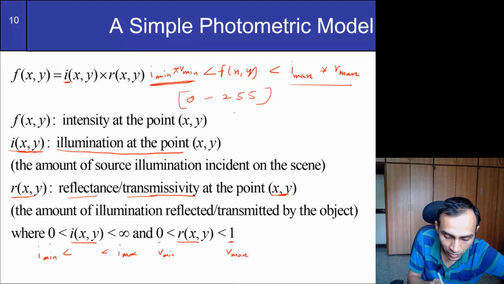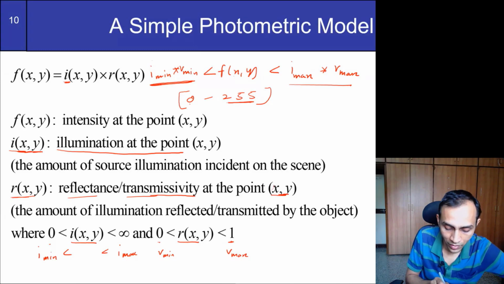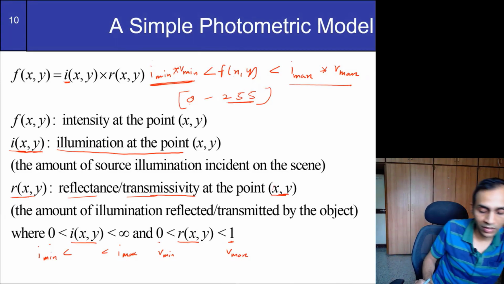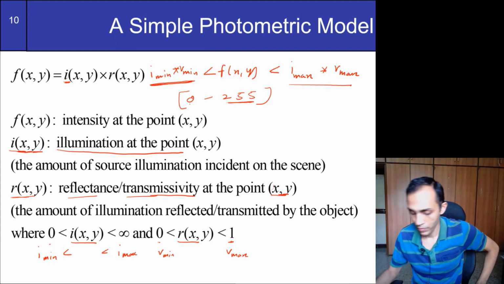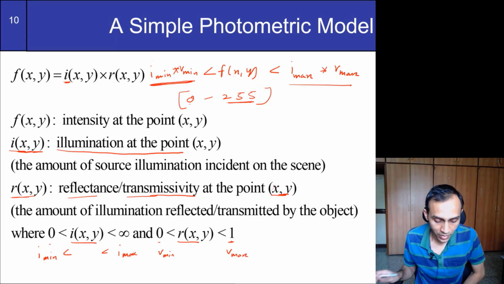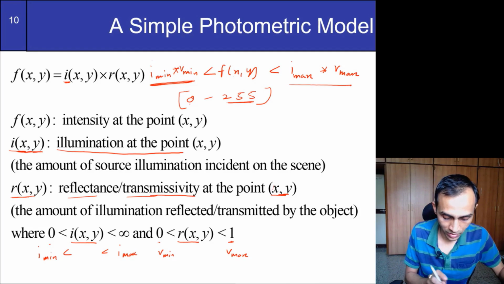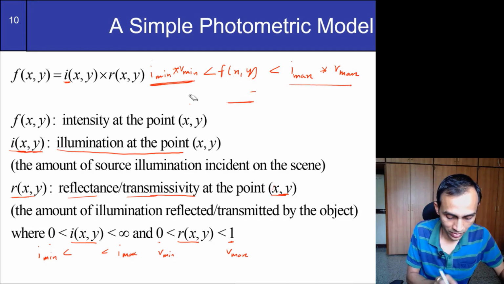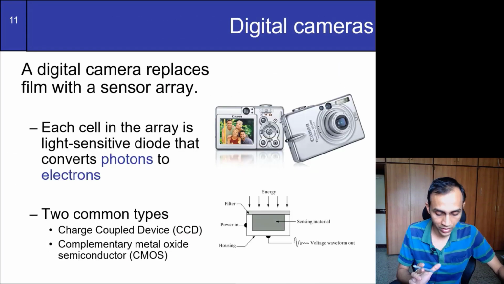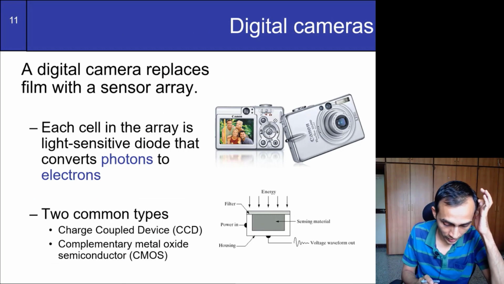If you are representing your images using 8 bits, the minimum you can represent is 0 and the maximum value you can represent is 255. So this range has to be renormalized between 0 to 255. That is done by the imaging device itself before you get your final image. Renormalization happens again at the device level. We'll talk about that when we discuss resolution in more detail.